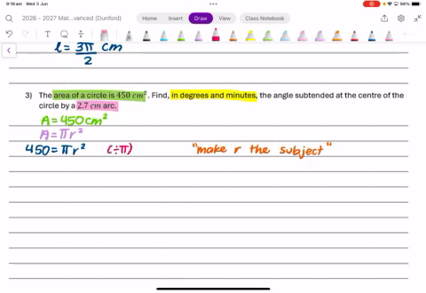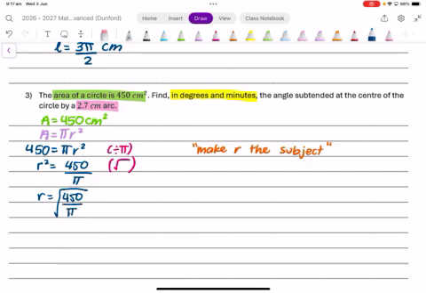So when we divide by pi, we have r squared equals 450 divided by pi. Then we want to square root. I'm not plus or minusing the square root because we want a distance for our radius, and our distance is always going to be positive. So that means it's just going to be r equals the square root of 450 on pi.